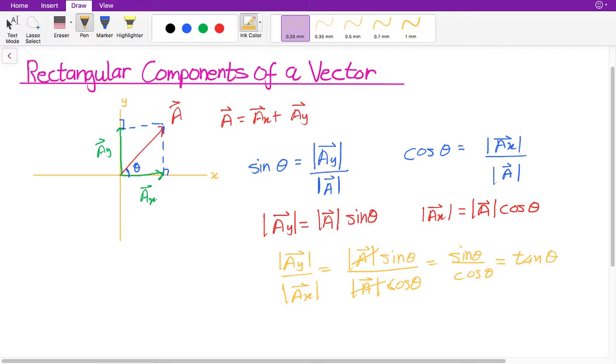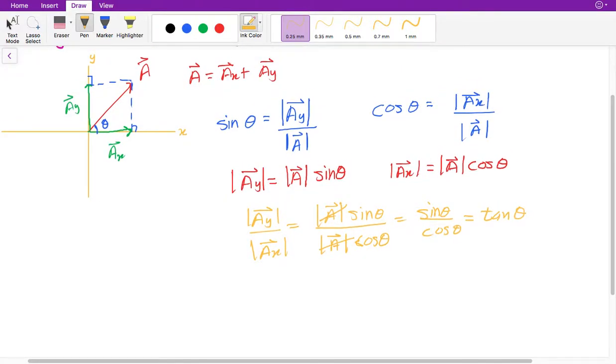So we now have a relationship between the angle theta and the two components of this vector, and we can write that out more explicitly: the angle theta is equal to the arctan, or tan inverse, of the ratio of the magnitude of the vertical component over the magnitude of the horizontal component, just like that.